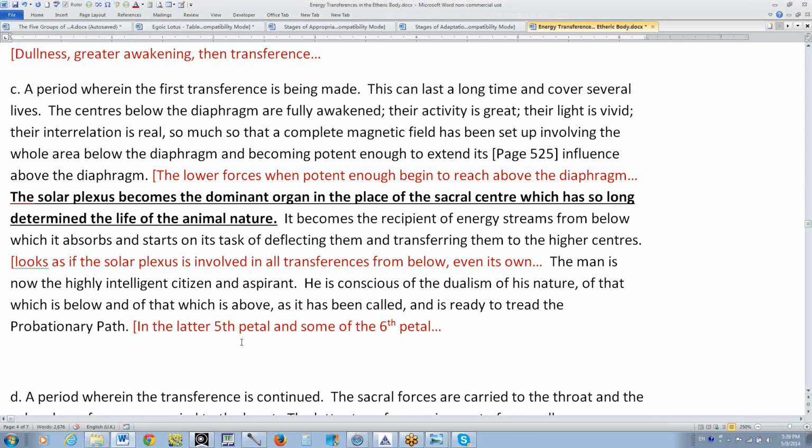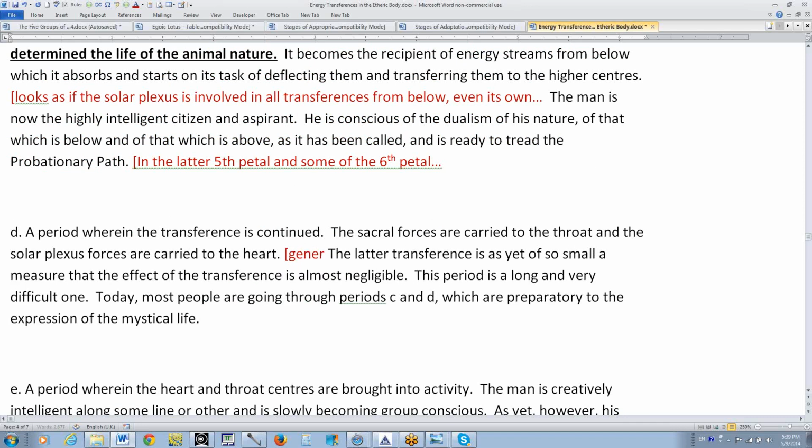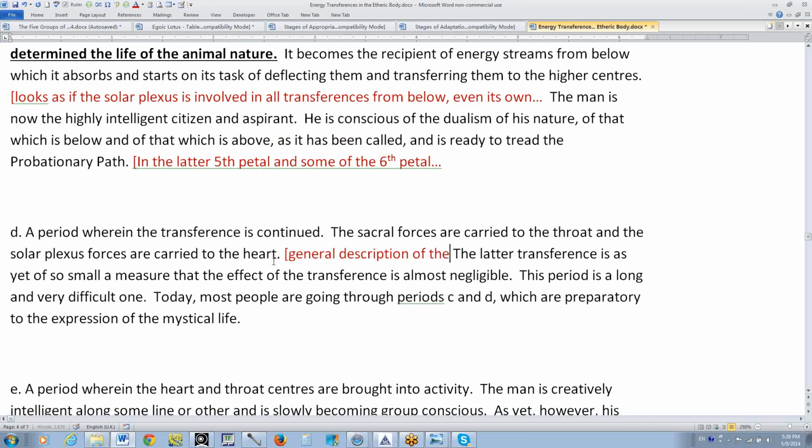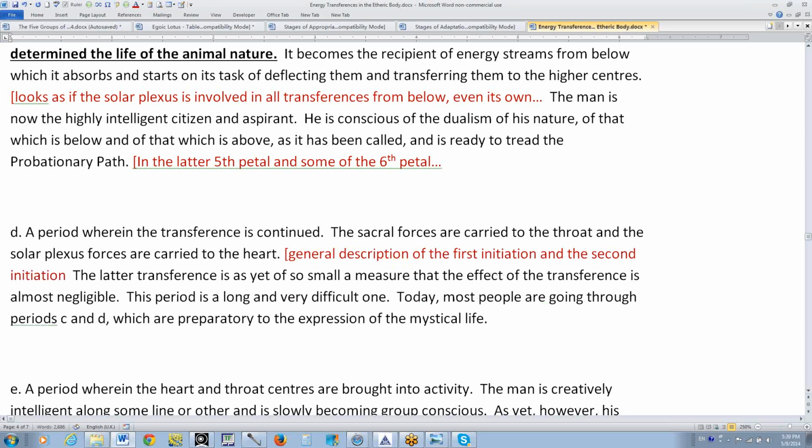All right, and the period wherein transference is continued. The sacral forces are carried to the throat, and the solar plexus forces are carried to the heart. So basically what we have is the general description of the first initiation and the second initiation.